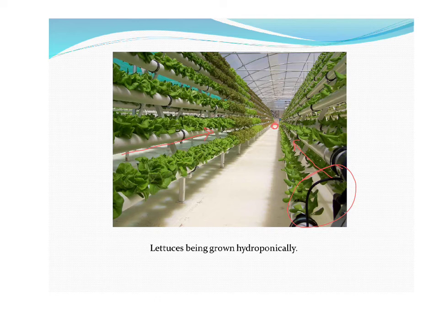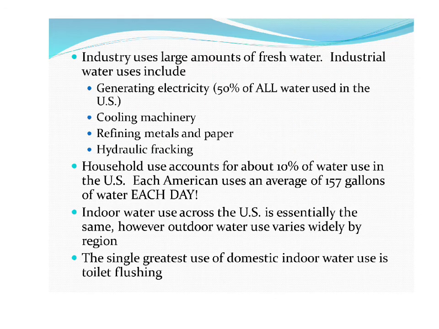So there's no soil being used here. It's all grown indoors. Obviously, pesticides don't need to be used because you can just shut the doors. This is a greenhouse. You can see that these plants are protected from the weather by the glass ceiling here. The sunlight can be let in, but nothing else can.